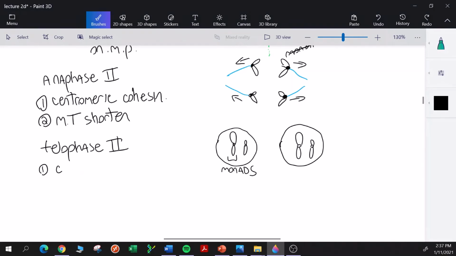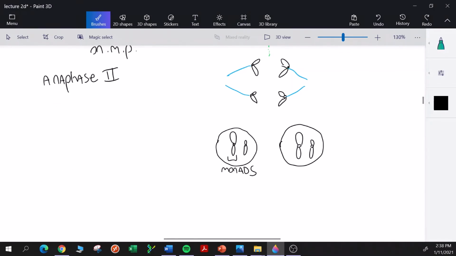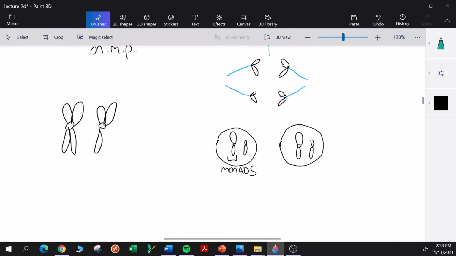So let's take a look at just one thing before we go on. Now, the hypothetical cell we used to go over the various phases of meiosis had 4 chromosomes, right? 2 metacentric homologs and 2 acrocentric homologs.